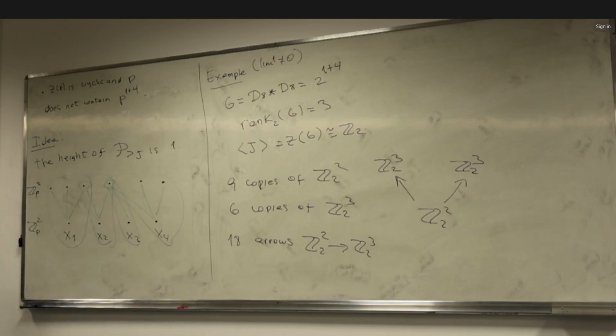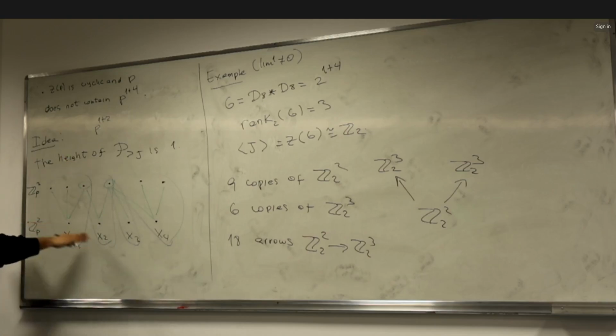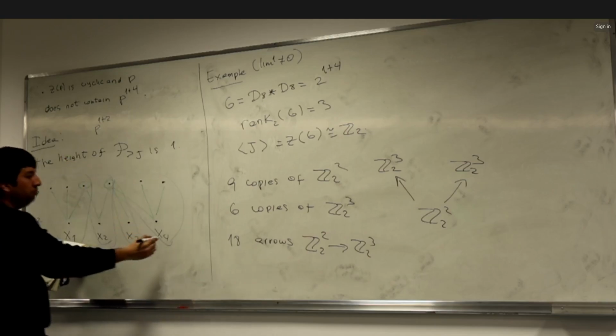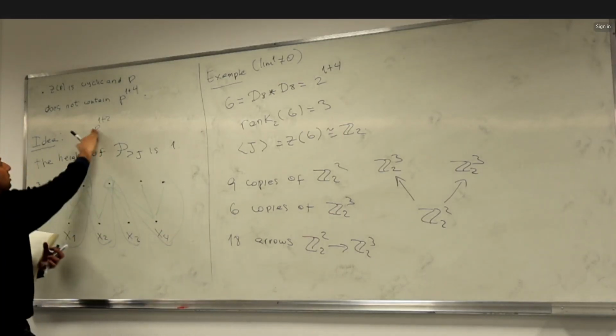So for simplicity, let's suppose that the poset is contractible, because if the poset contains a copy of this, it's not contractible, but it's contractible plus some isolated points. So let's assume this case.